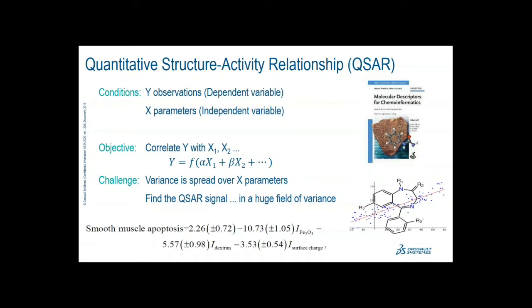We want to correlate the Y's with the X's, and we can use all sorts of functions for that, and we try to really understand which functions or descriptions of the molecules or the material here is responsible for the value of the Y's. So that's the first stage, and that would help us to understand the activity of a given material.